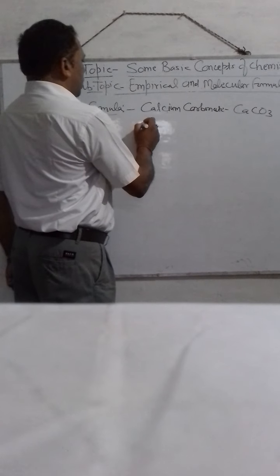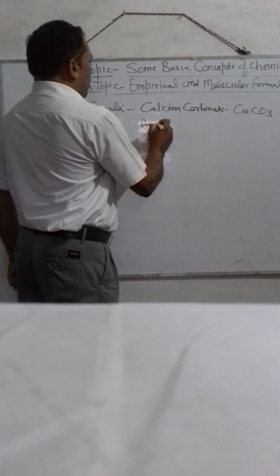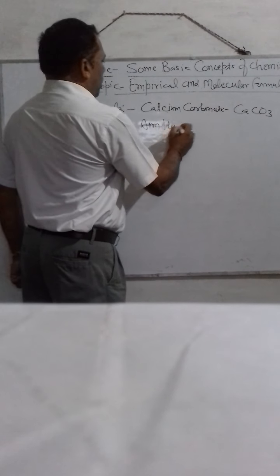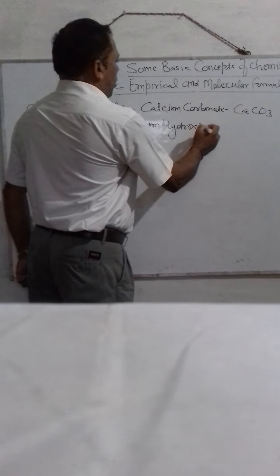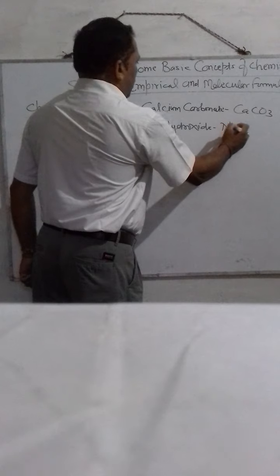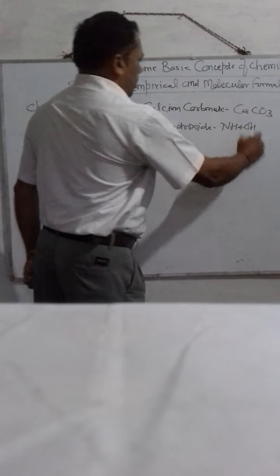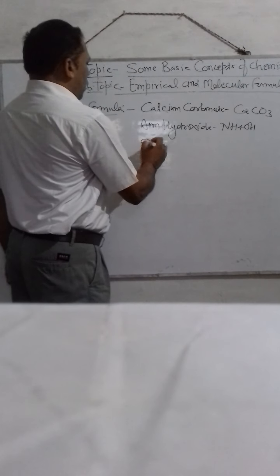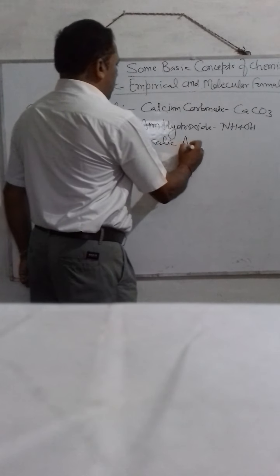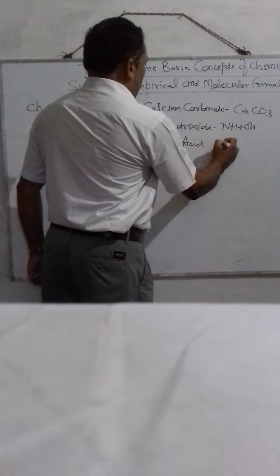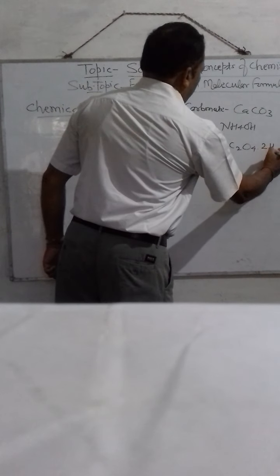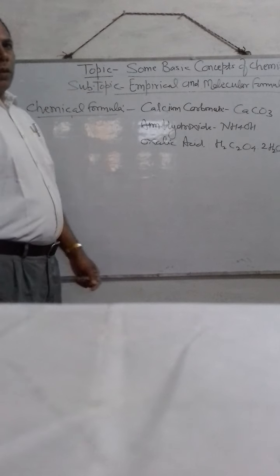The formula of ammonium hydroxide is NH4OH. The chemical formula of oxalic acid is H2C2O4.2H2O.